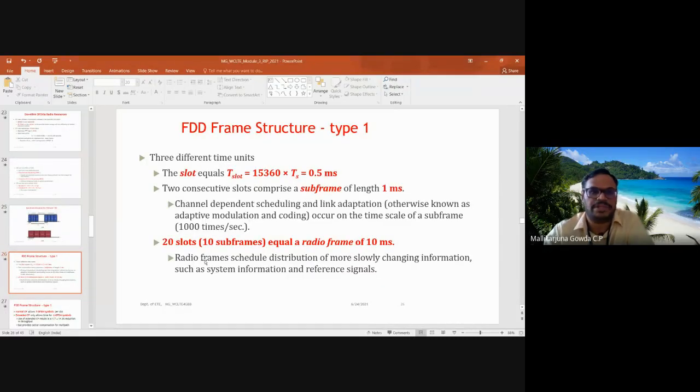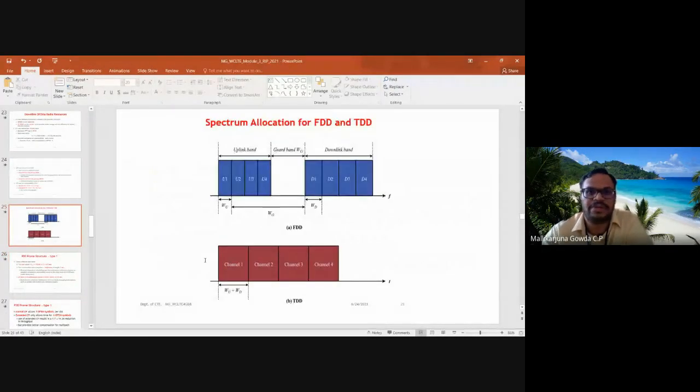Let us have a look at how the spectrum has been allocated in FDD and TDD. The first case is FDD, that is frequency division duplexing. As I said, for uplink a separate band is used, and for downlink a separate band is used. U1, U2, U3, U4 are the uplink for each particular user.